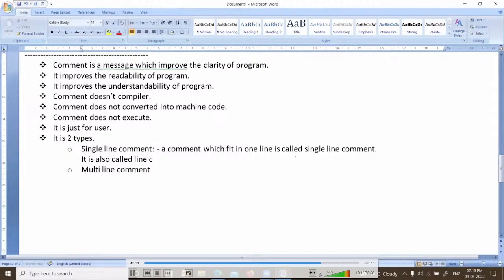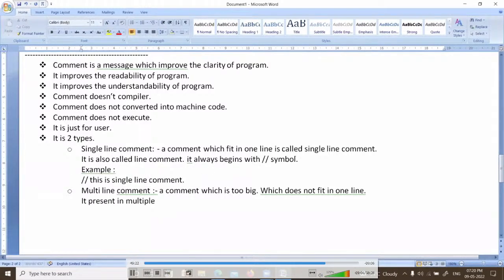A comment which is too big, which does not fit in one line, and is present in multiple lines, is called a multi-line comment. It is also called a block comment.